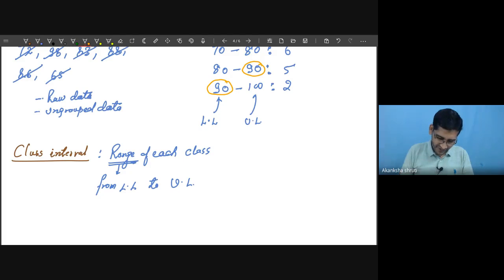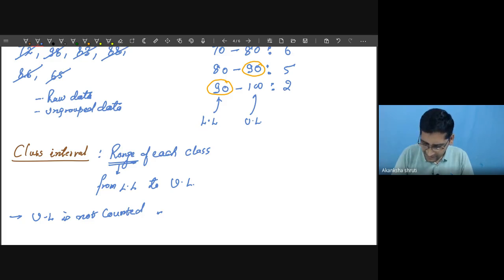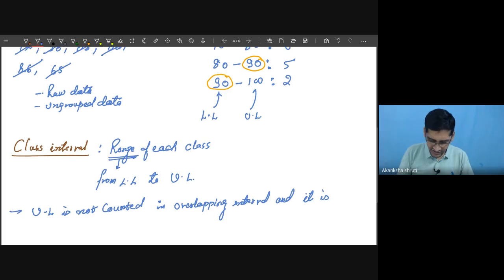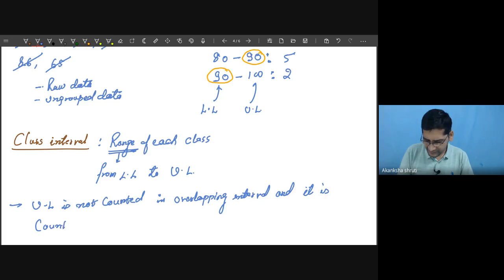Therefore, the general consideration is that the upper limit is not counted in the overlapping interval, and it is counted in the next interval.